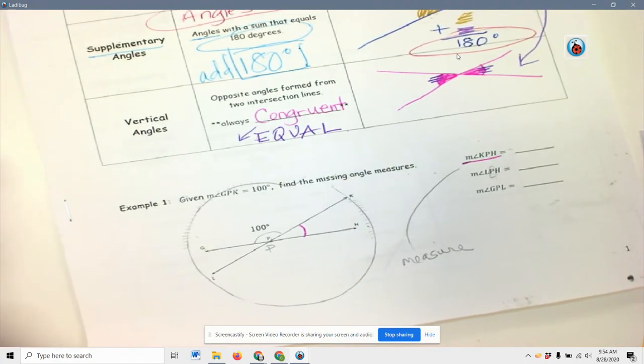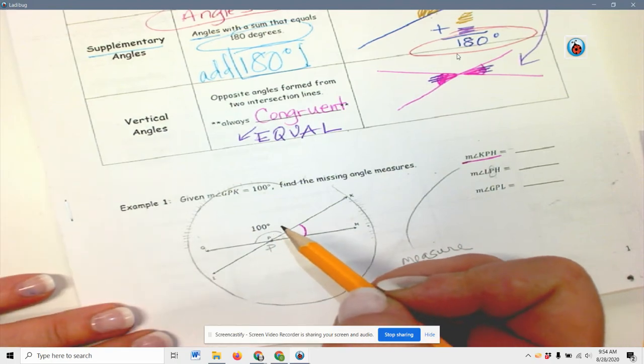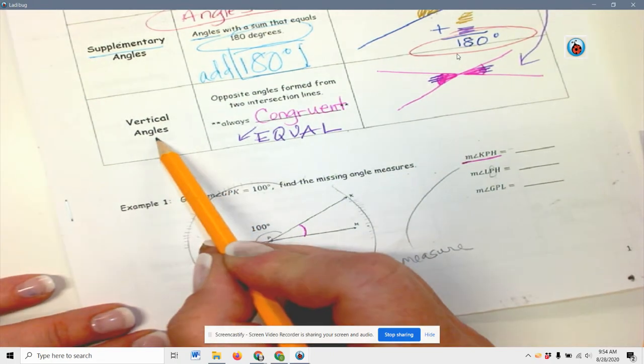Whenever you're doing these problems, I want you to always write in when you figure out any angles, because the more information you write on your figure, the better you're going to be able to solve the missing pieces. It's a little bit like a puzzle. Now remember, in our definitions, we learned about vertical angles.